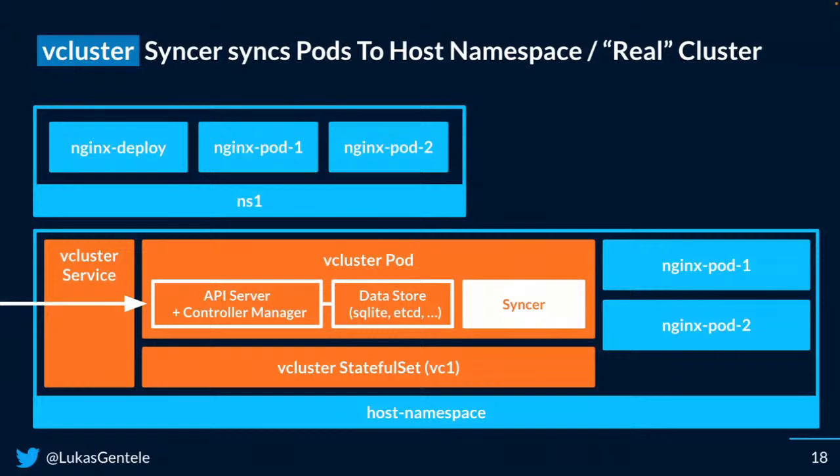And in the underlying namespace, if we're connecting to the real EKS cluster that we're using now, and we would list the pods, we would actually see the vCluster pod and the 2 other pods. We don't see the deployment of our Nginx. We don't see the namespace of our Nginx deployment, but we do see the pods.